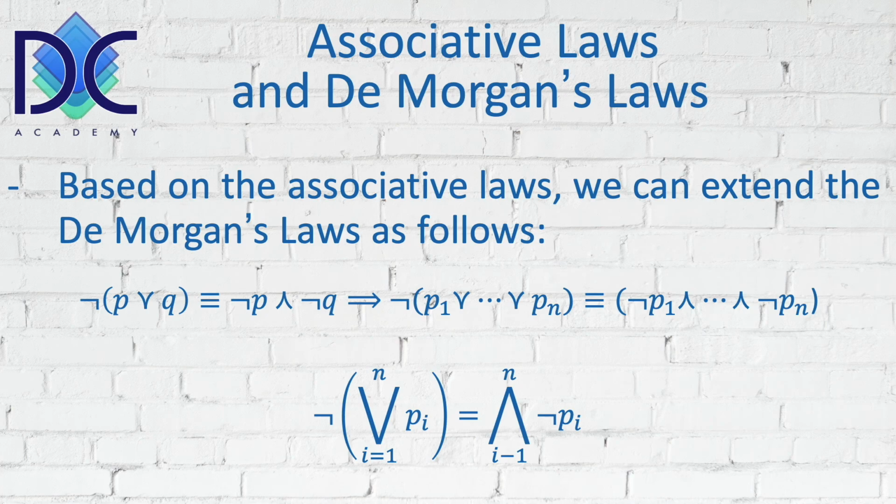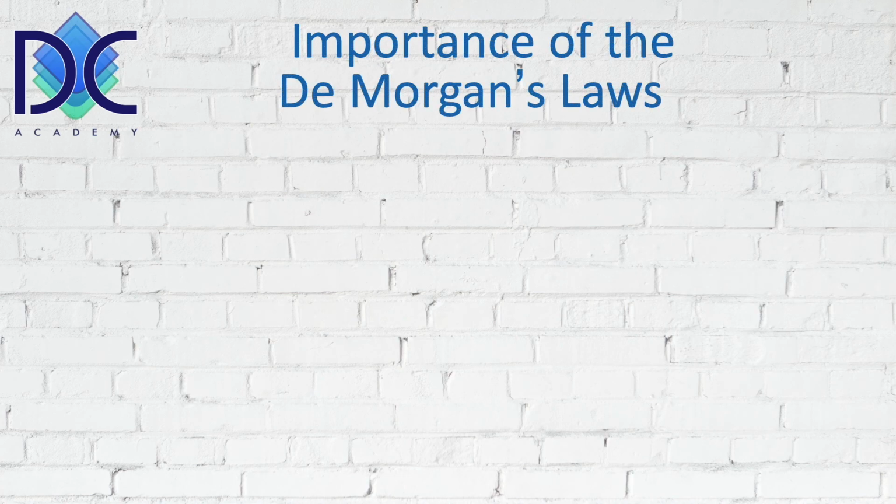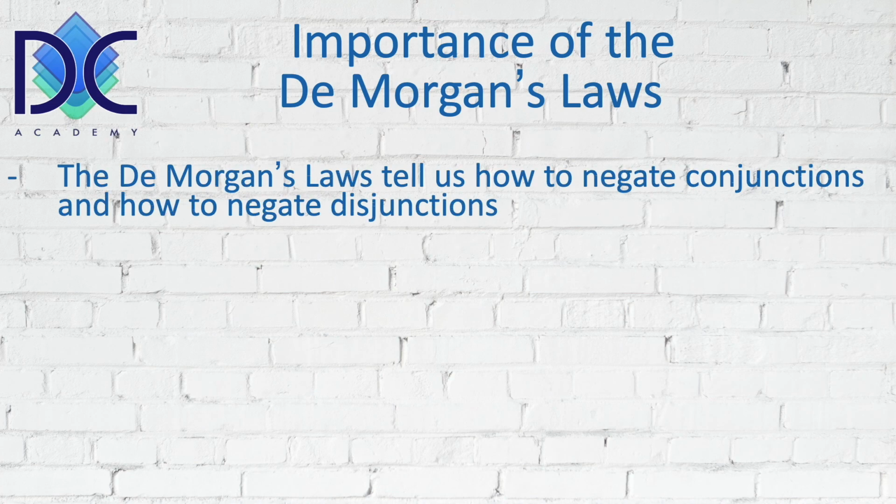So not the n-ary logical OR for i equal to 1 to n of Pi is equivalent with the n-ary logical AND i equal 1 to n of not Pi. So we basically have a simpler way to write the extension of De Morgan's laws when we have more propositions. Now, De Morgan's laws tell us how to negate conjunctions and how to negate disjunctions.